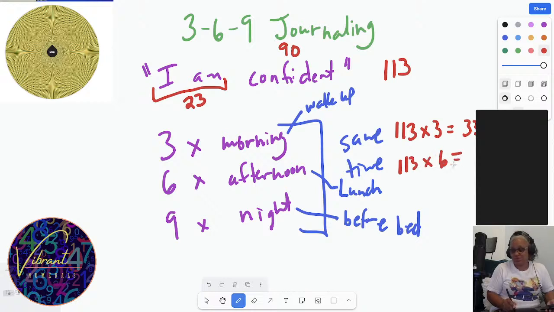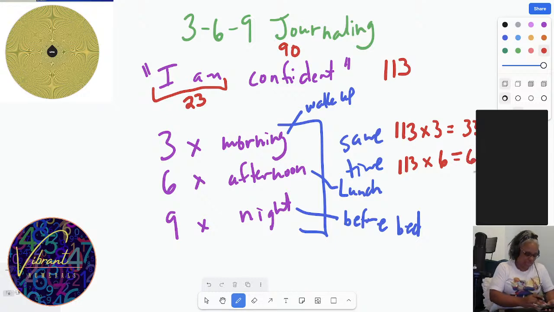This is how I do it, but it's because I like the numbers. You all can just do the writing if you want to. But I like building up the vibrations and understanding what I'm building up.